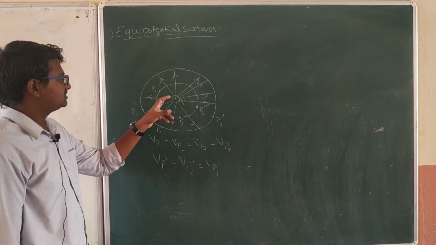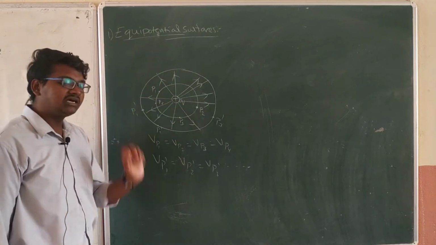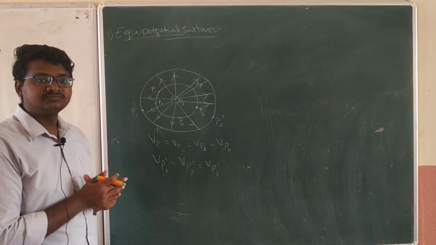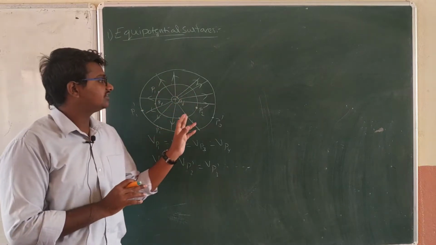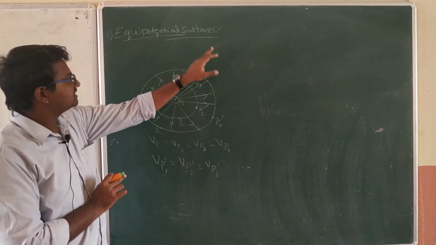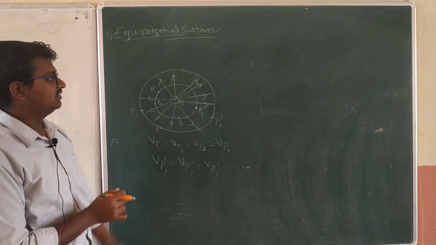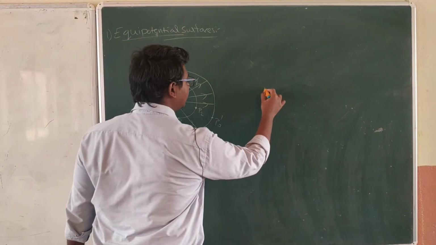This is nothing but called equipotential surfaces. Equipotential surfaces can be found not only around a spherical charge, we can see them around a planar charge also. As we are dealing with equipotential surfaces, which are two-dimensional in nature, we cannot take a line charge here, but I can take a planar charge.